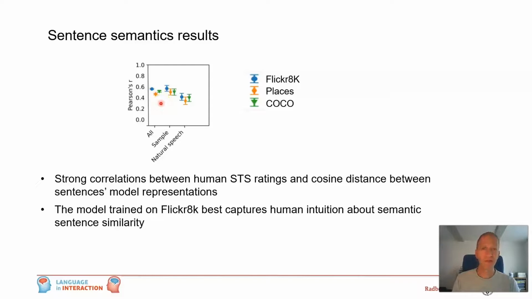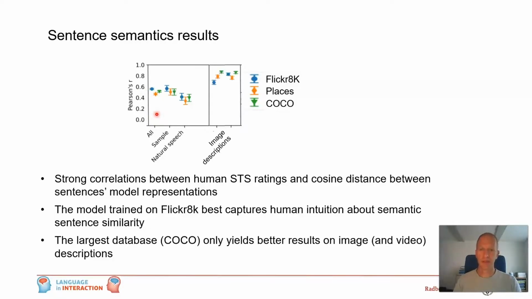But more important is the comparison between the training datasets, where we see that Flickr actually does a bit better than the other ones, even though it is by far the smallest training database. Like I said, the STS data comes from different sources. It's interesting to look just at the image descriptions, because here we see that, first of all, the correlations are much better, which is not surprising because this is the kind of data the model was trained on.